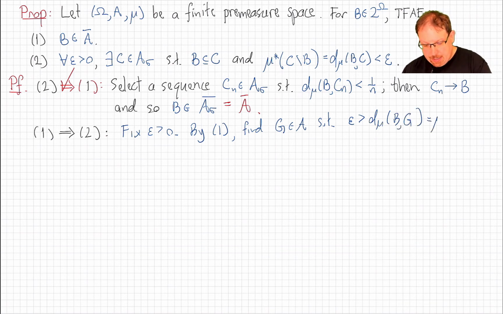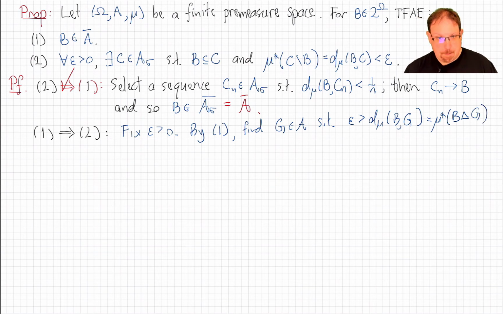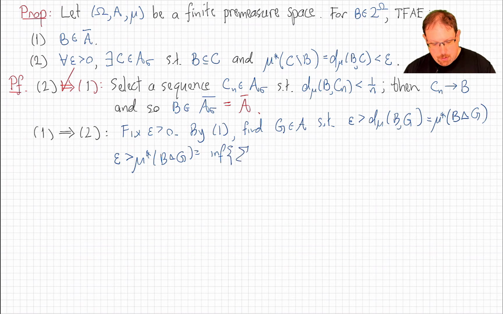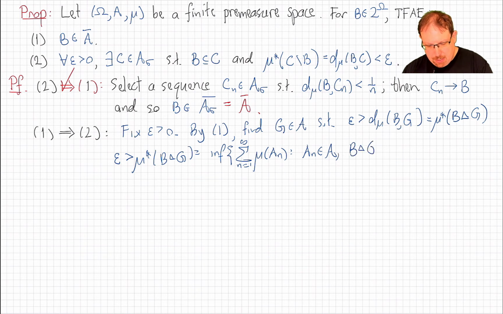And note again that that distance is defined to be the pseudometric outer measure of the symmetric difference of B with G. Okay? Now let's revert to the definition of the outer measure. The outer measure of B symmetric difference G is the infimum over all countable sums of premeasure of sets AN in the field, where those ANs are chosen so that the set B symmetric difference G is contained in the countable union of the ANs.